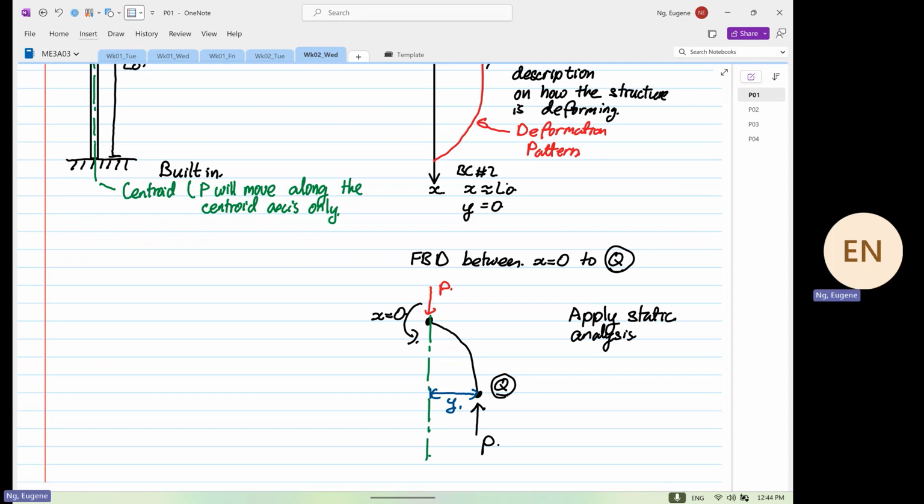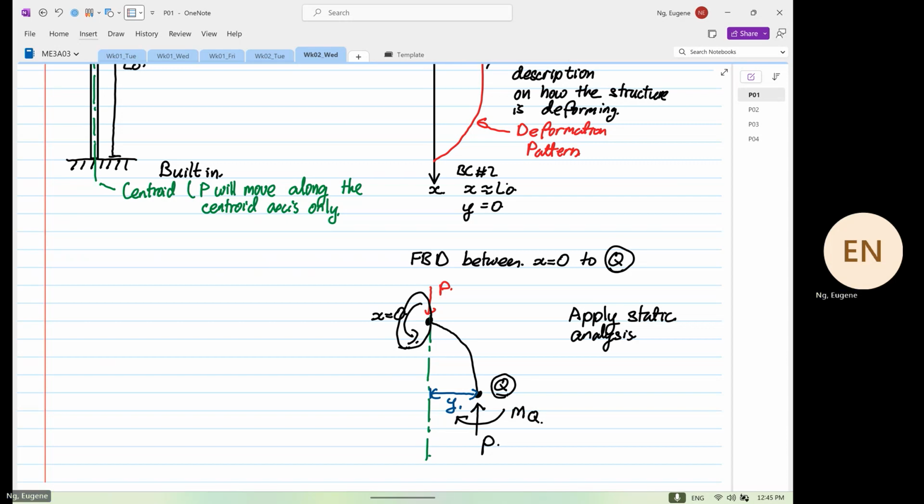Why is there a moment acting in that direction? Because at point Q, we have a moment acting in this direction, because P is offset by a certain distance Y, and where we have x equal to 0, you have a counter moment. If you don't have a counter moment, what will happen is the structure will start to what? Rotate.